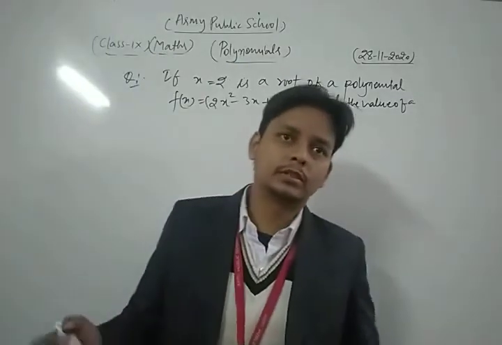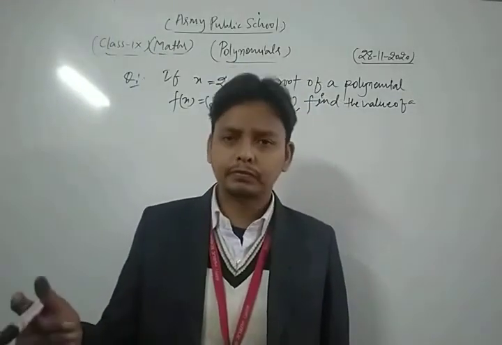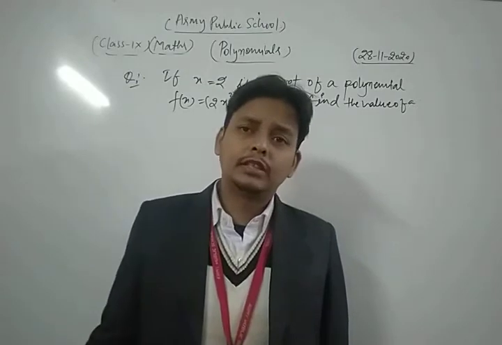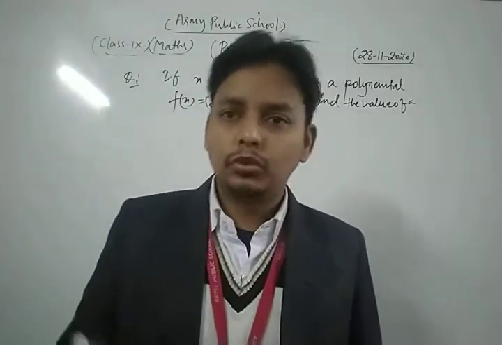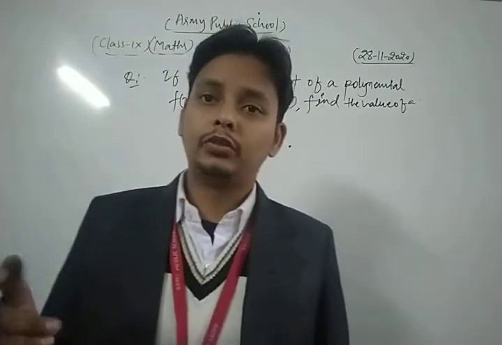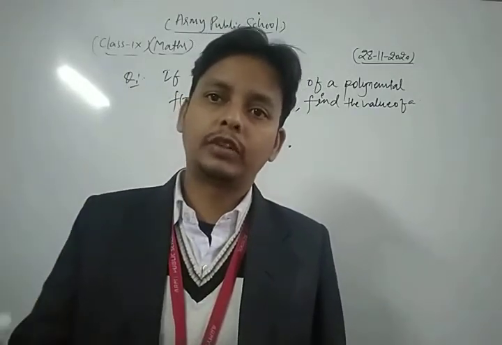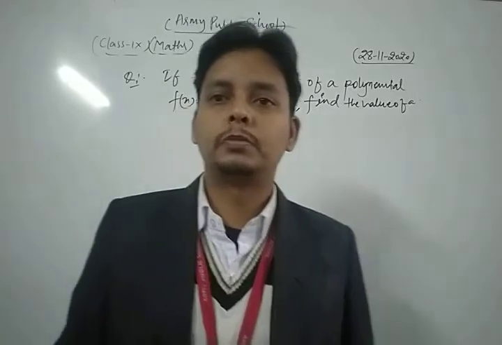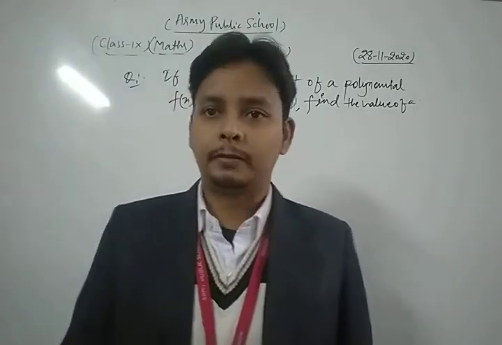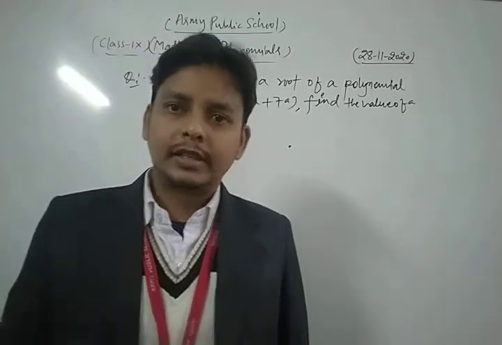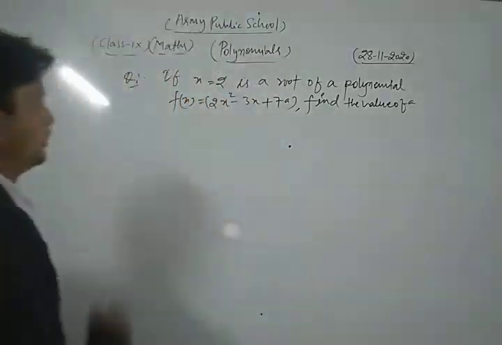Dear student, I just discussed that if any value is given as a root of the given polynomial, then the value of the polynomial at that point must be equal to 0. So here in this question we apply the same method. Let's see.